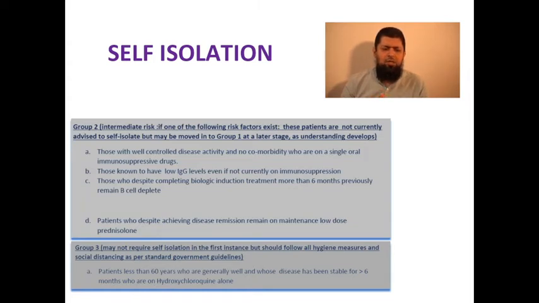And finally, patients who, despite achieving disease remission, remain on maintenance low-dose prednisone. The low-risk group includes only one category of patients: those less than 60 years of age who are generally well and whose disease has been stable for more than 6 months, who are on hydroxychloroquine alone.